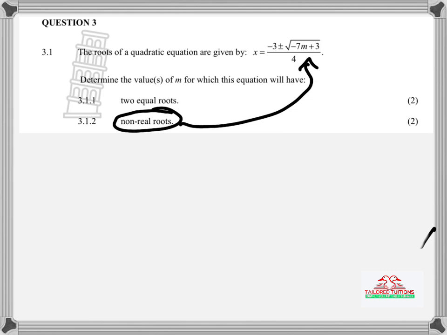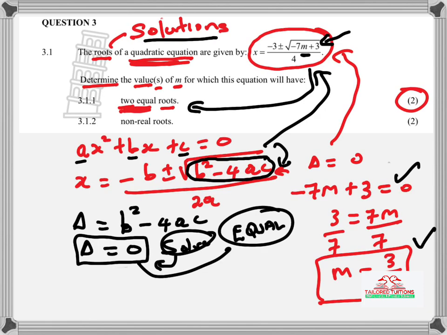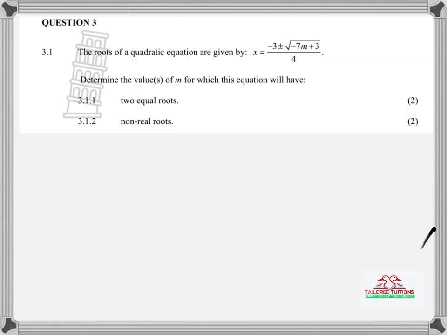So the question is, what should be that value of m so that the roots, so that we can say the roots are non-real? Again, we said all that depends on the discriminant.